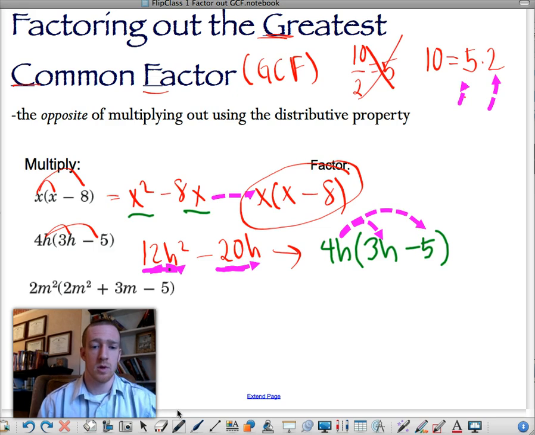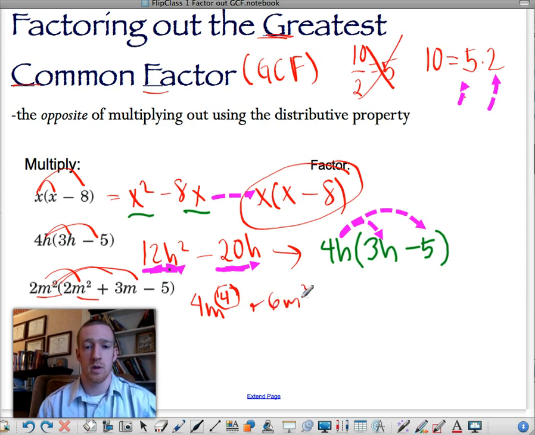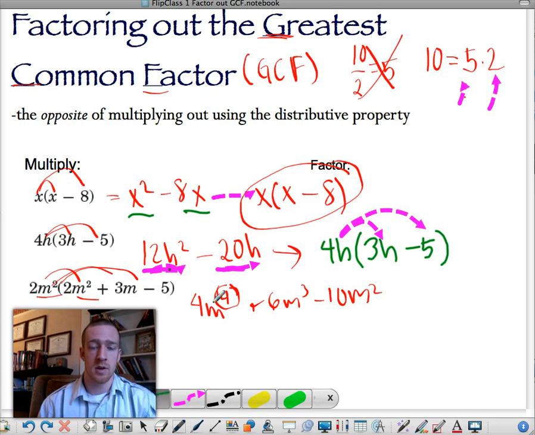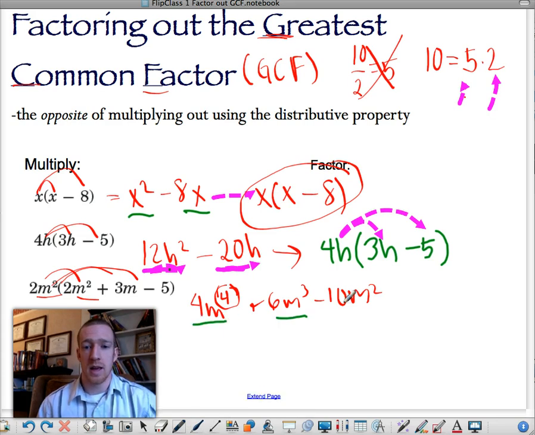Alright, so we'll do one more. If I were to distribute this to everything, I get the 4m to the fourth. Now I'm multiplying these two, that's why I get the 4 up here. 2m squared times 3m is plus 6m cubed, and 2m squared times negative 5 is negative 10m squared. Now, looking at what I can factor out of all three of these, well, I can divide an m out of each of them.